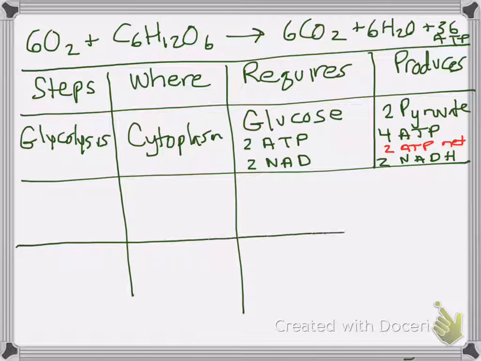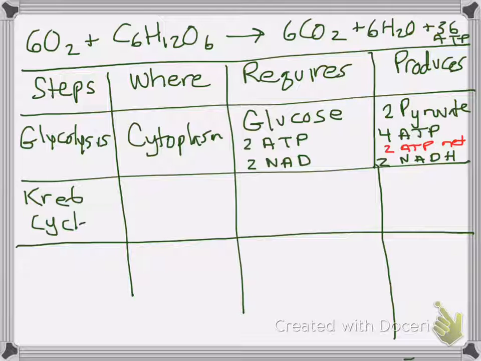The second step of cellular respiration is called the Krebs cycle. The Krebs cycle happens in the matrix, and the Krebs cycle uses those 2 pyruvate.